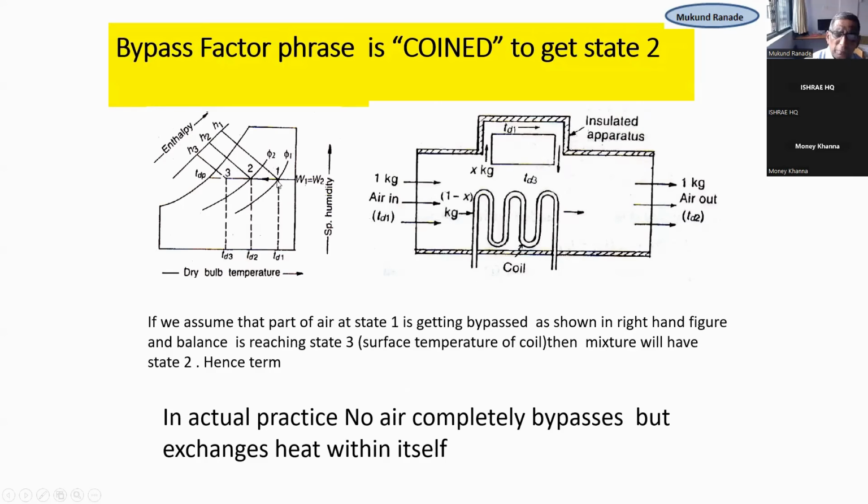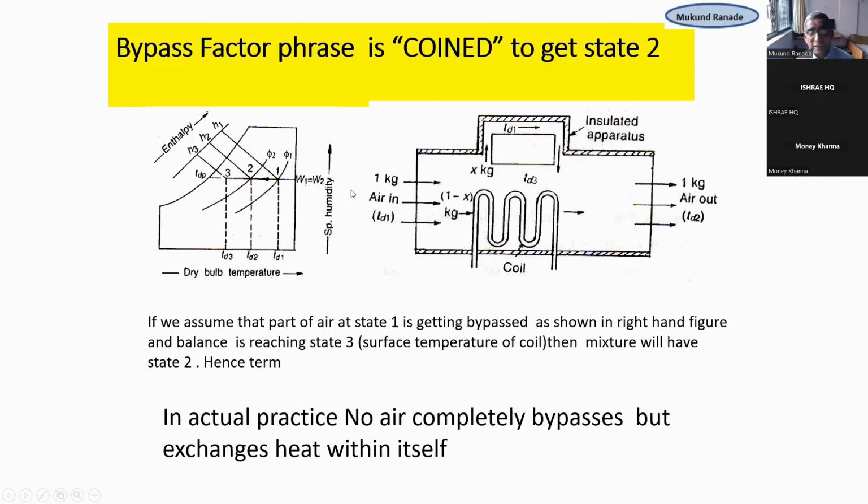If you want to achieve the temperature T3 at the outlet of the air, you will require an infinitely large coil, which is only theoretically possible. Unless we have infinite heat transfer area, we really can't get to T3.